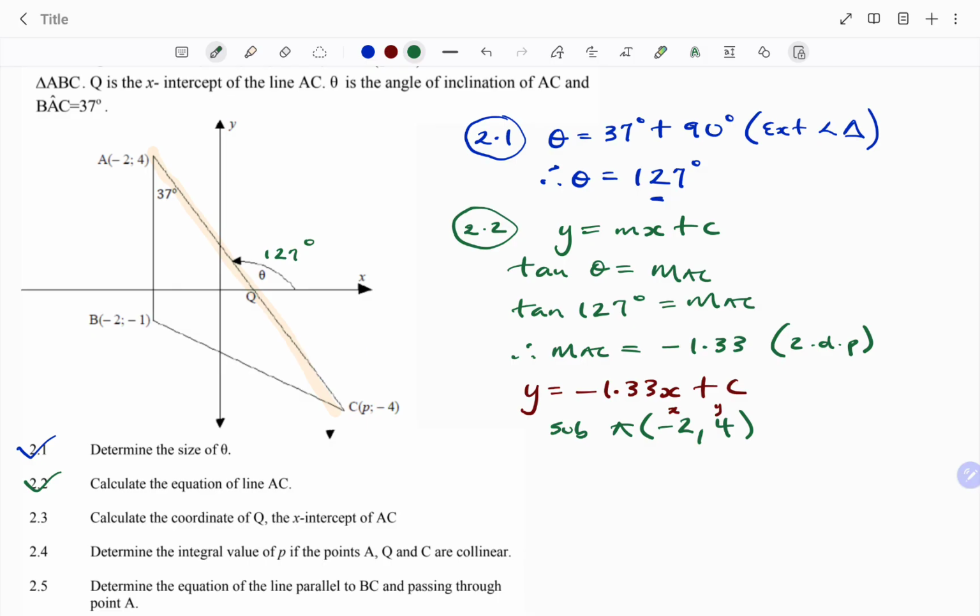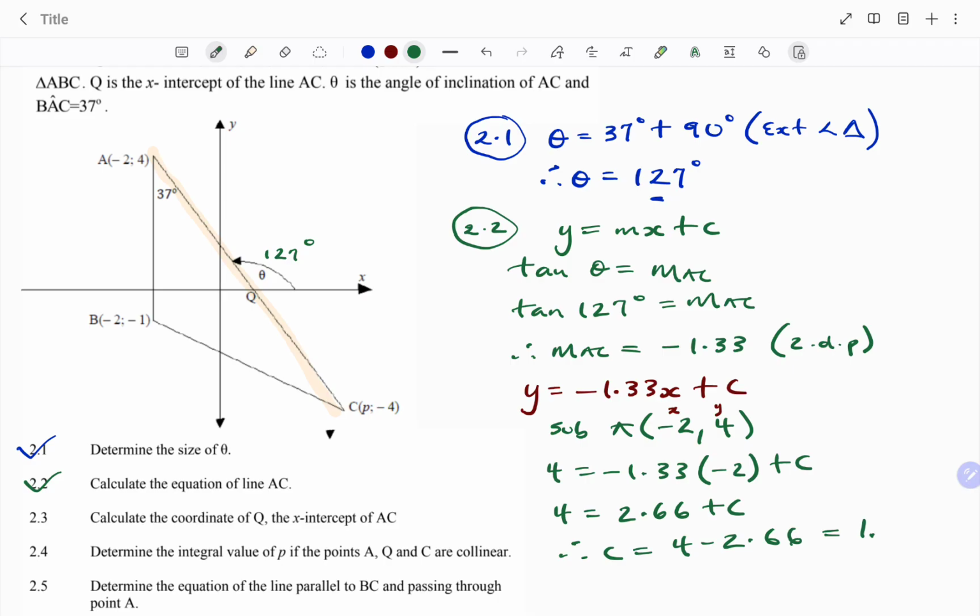So if I substitute that, I have 4 equals -1.33 multiplied by x, which is -2, plus c. I have 4 equals 2.66 plus c. Therefore, the value of c equals 4 minus 2.66, and my answer will be 1.34.